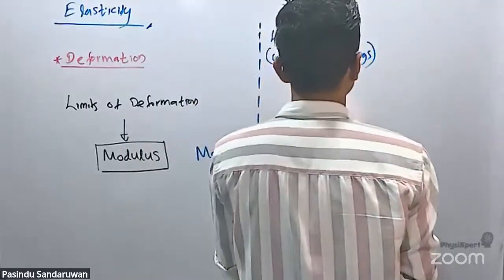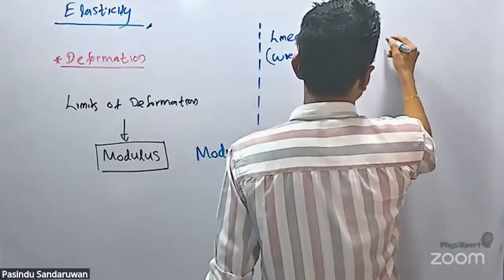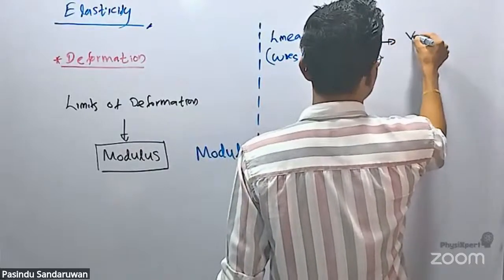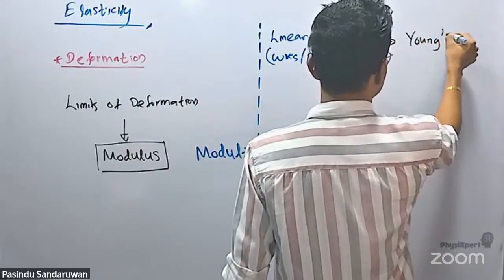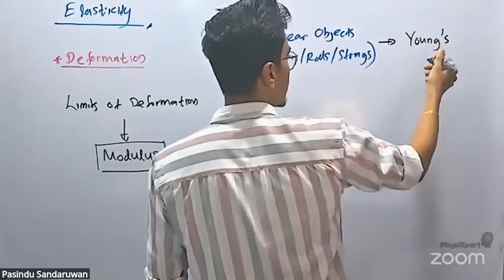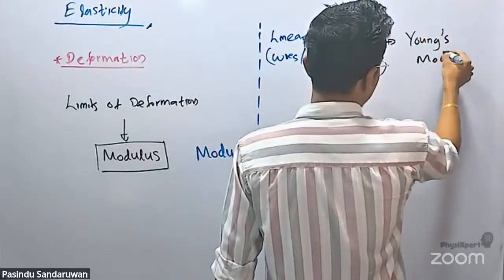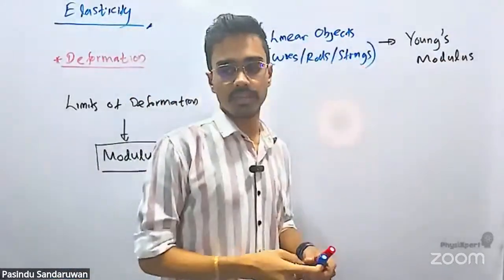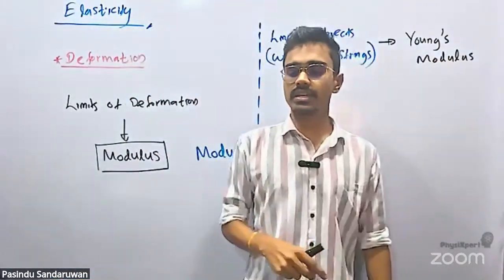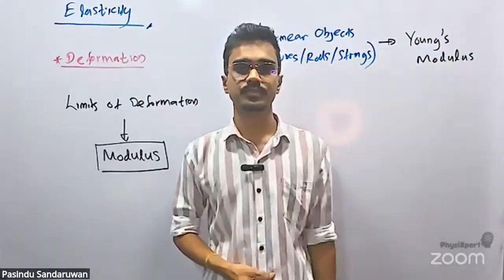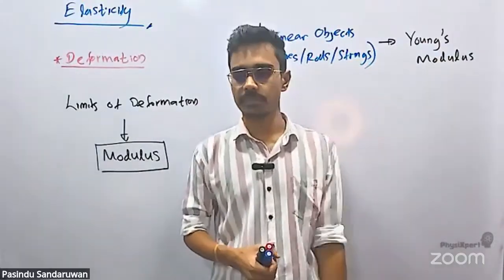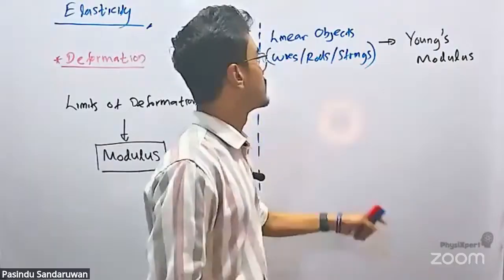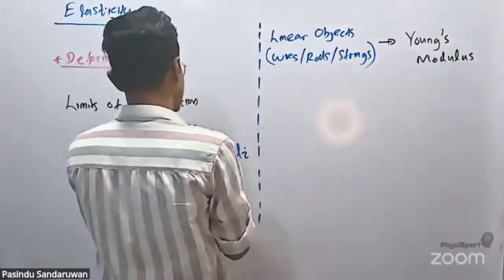For linear objects, we have something called Young's modulus. So don't worry about these words. You will see everything in the coming part. By the end of today, we'll cover all the theory parts here in elasticity, and if time permits, I'll be starting all the applications today itself.